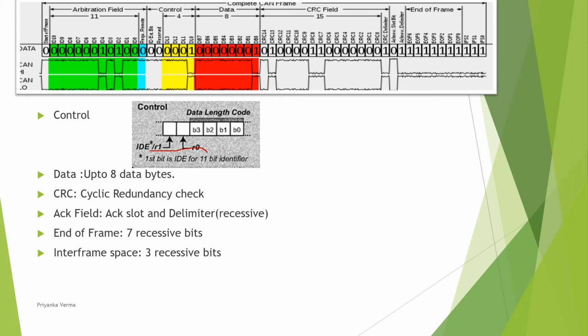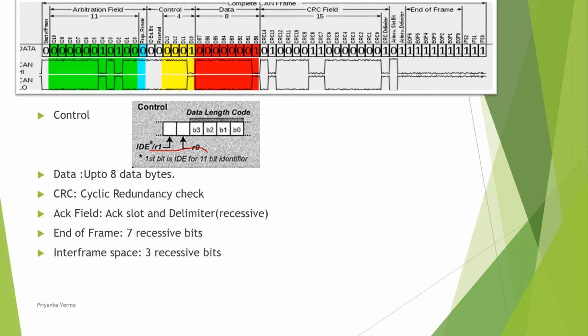In the CRC, the transmitter calculates a checksum from the transmitted bits and provides the result within the frame CRC field. It is also able to detect burst errors of up to 15 bits.